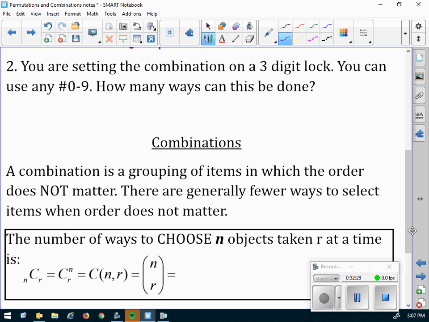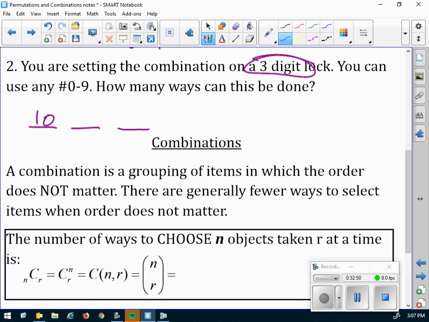Okay. Look, does the order of the numbers matter? So it's permutation, so I'm going to do it my way. How many digits? 3. 1, 2, 3. It's a 3-digit lock. How many choices do I have? 10. Can the digits repeat?